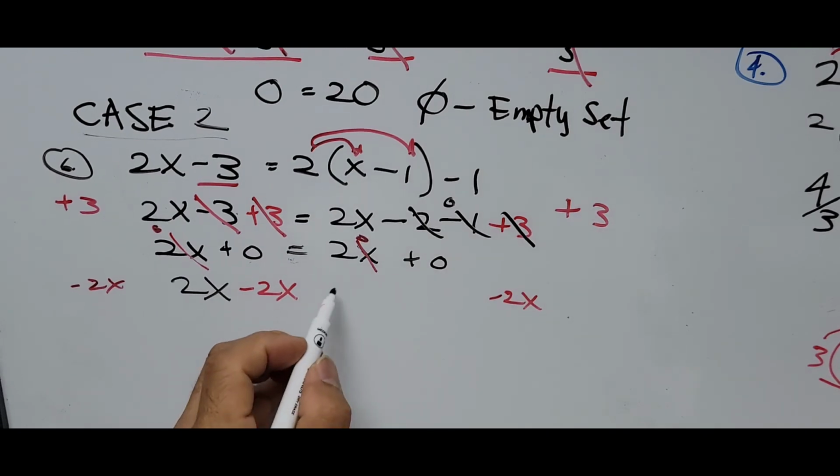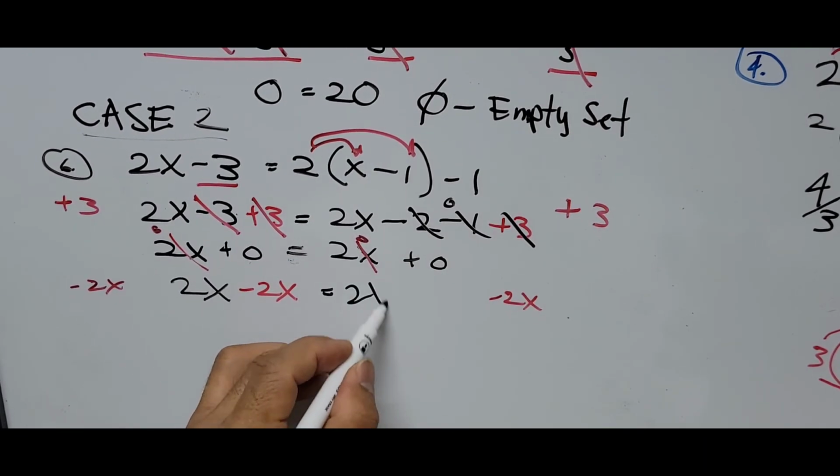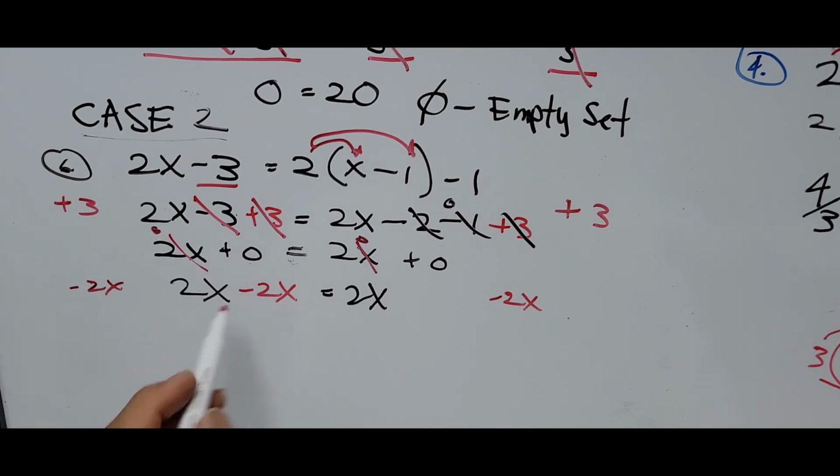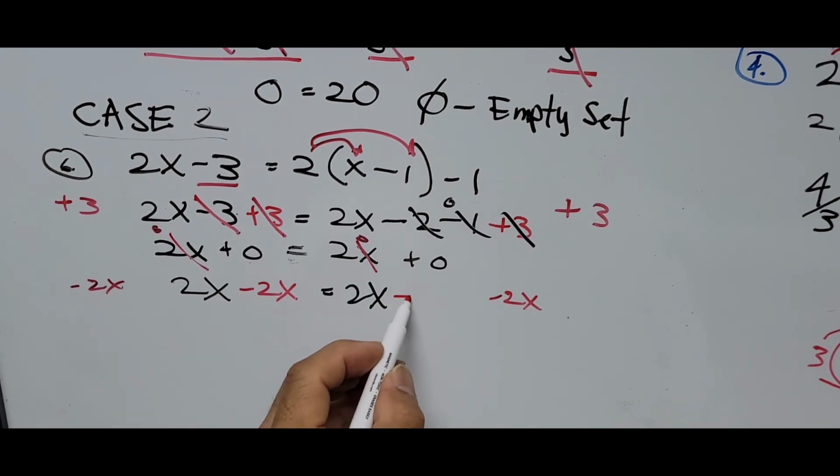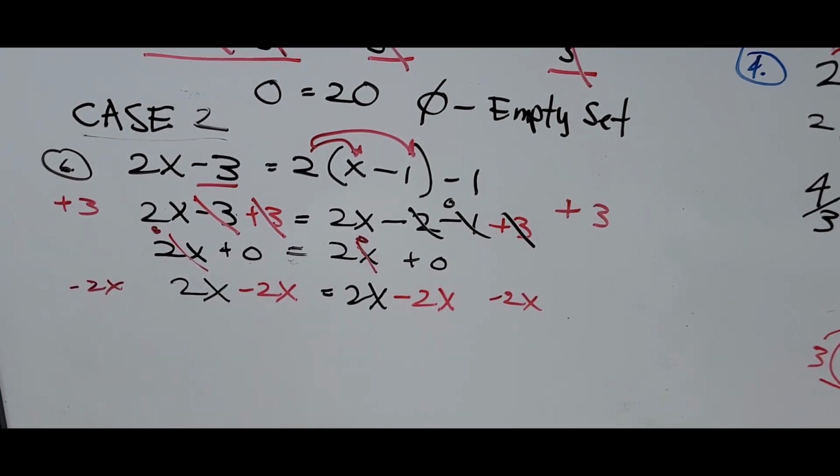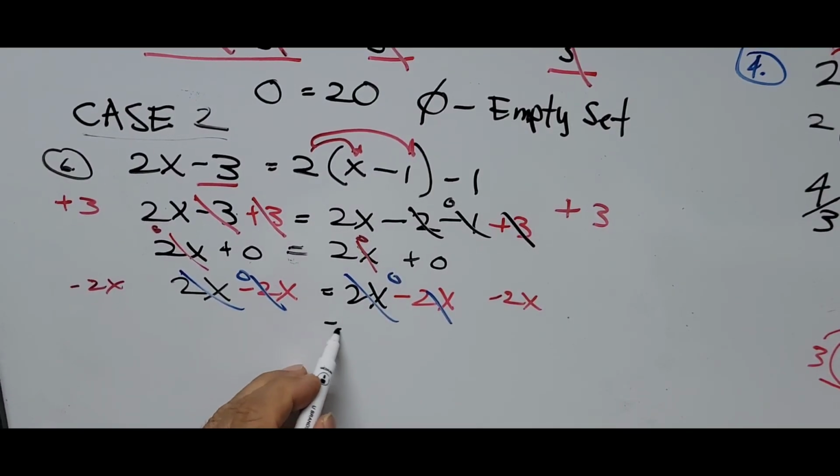Alright? Equals, bring down that 2x. And you subtracted 2x right there. That's 2x over here also. So what will become of that one right there? Right? 2x minus 2x is 0. So what would be the answer? 0 equals 0.